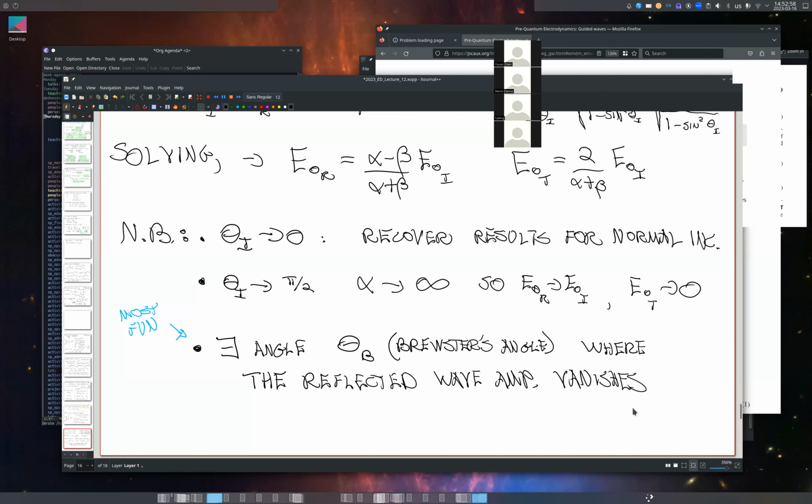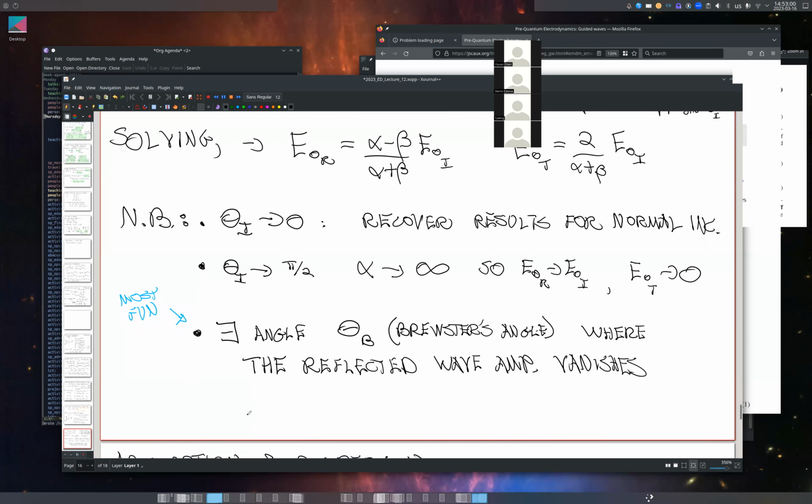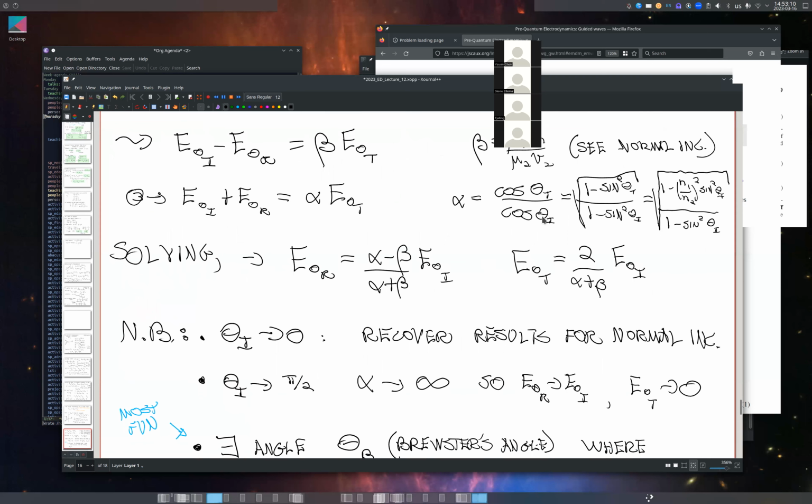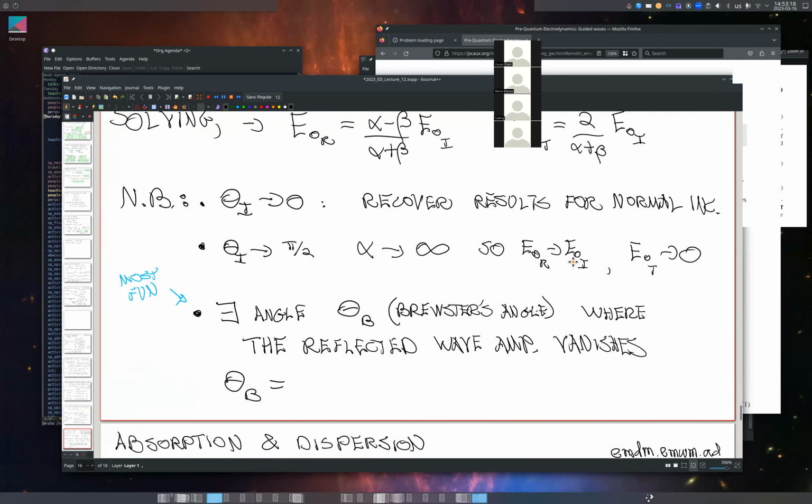Okay, and this angle, theta Brewster, you can just work it out, because what you want to do is put alpha equal to beta, but both alpha and beta are given in terms of functions of the parameters of both media. So knowing the permittivity and the permeability of both media, you can calculate Brewster's angle.